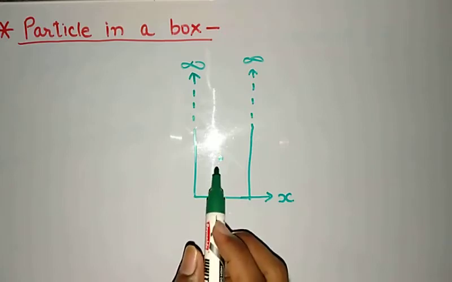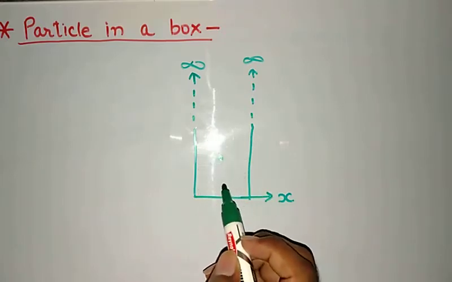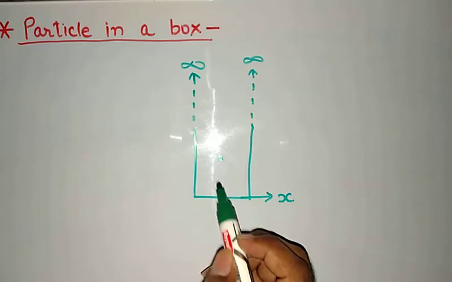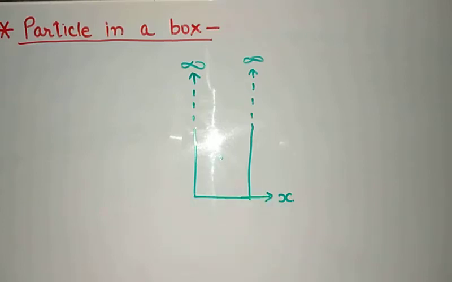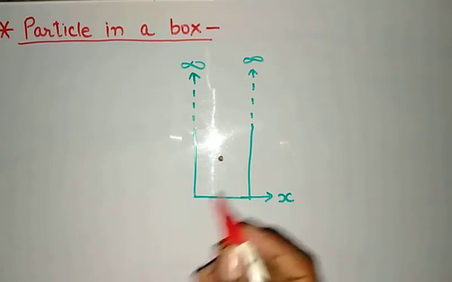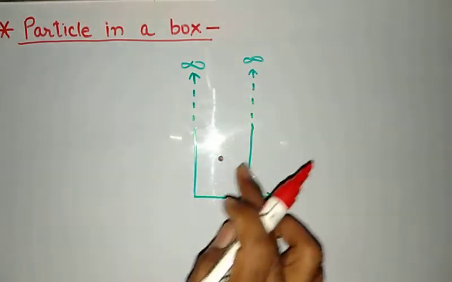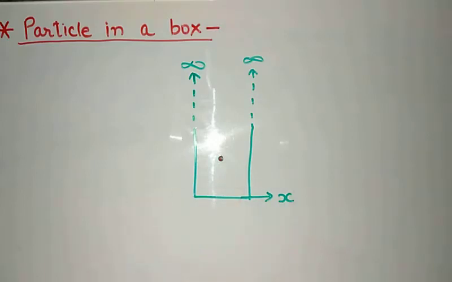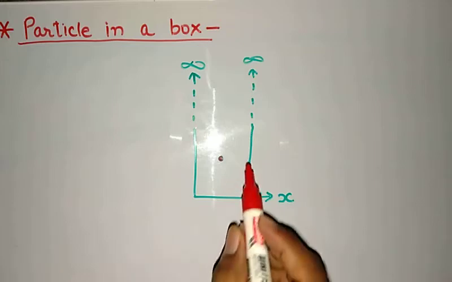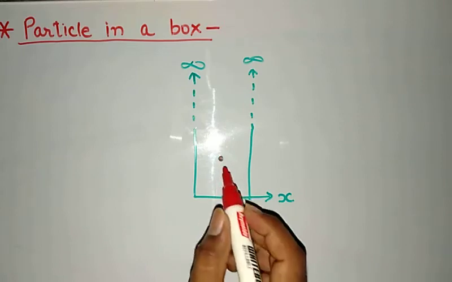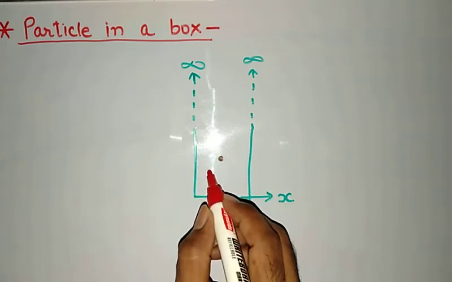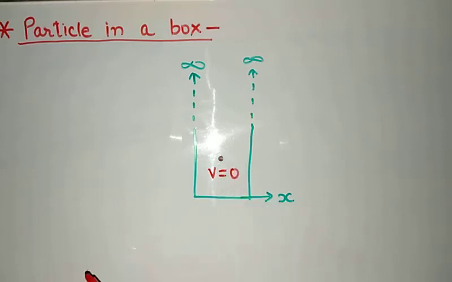Clearly, there is no interaction energy of this particle, because this particle will not interact in this box. So when we find the potential energy of this particle in this region, obviously V is equal to 0.